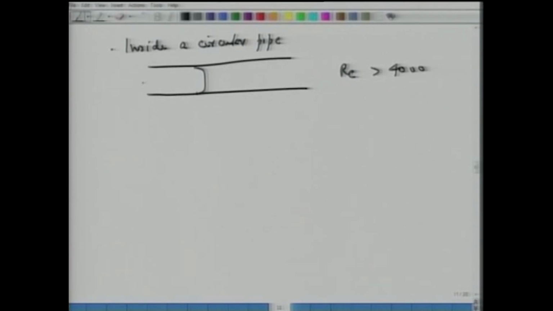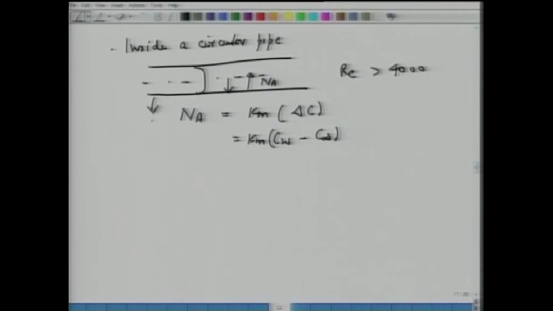In this case, if we are asked to calculate diffusion flux from the wall, let's say we have a certain species which diffuses from the wall or to the wall, NA can also be written as mass transfer coefficient into concentration difference, which means we can write Km times C wall minus C infinity. So we have C wall at the wall and C infinity very far from the wall. This is the advantage of defining these mass transfer coefficients. The complexities of the velocity profile and Reynolds number are now embedded in the mass transfer coefficient.